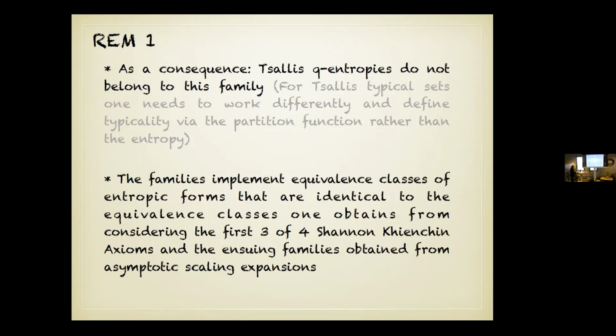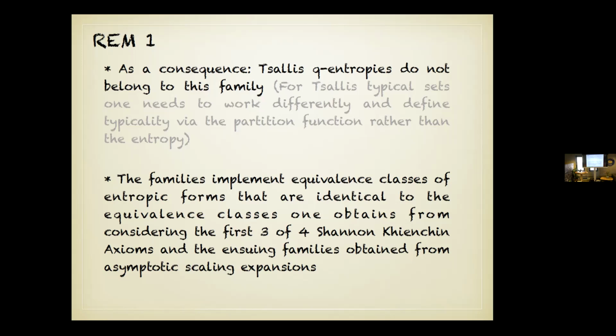Okay. So one thing one should note is that for the Tsallis distribution, for the q exponential, so for the q logarithm, that would be (x^(1-q) - 1)/(1-q).